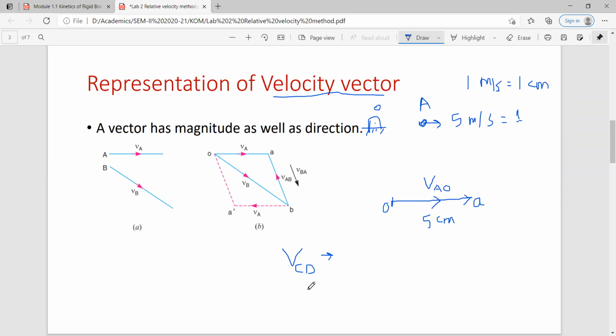Velocity of c with respect to d. First of all, you tell me, is it the velocity of point c or velocity of point d?